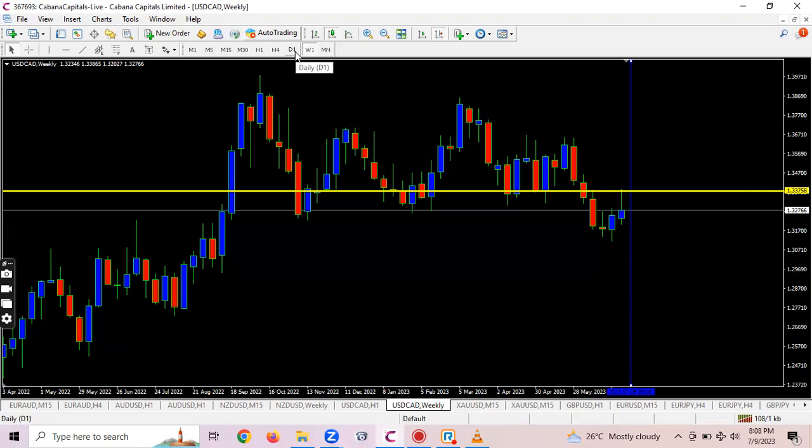Now on daily, if a candle has closed below a support on daily, that confirms the trend to be bearish. That would be a bearish setup.